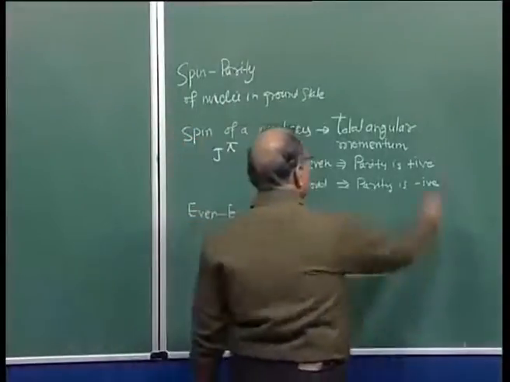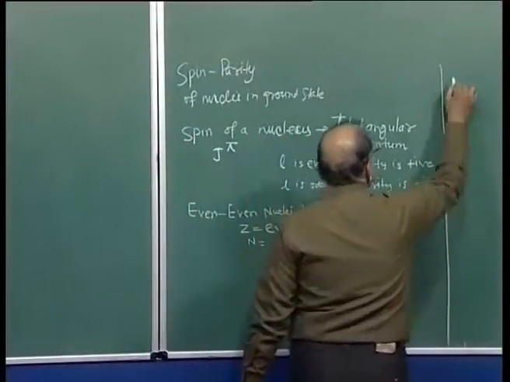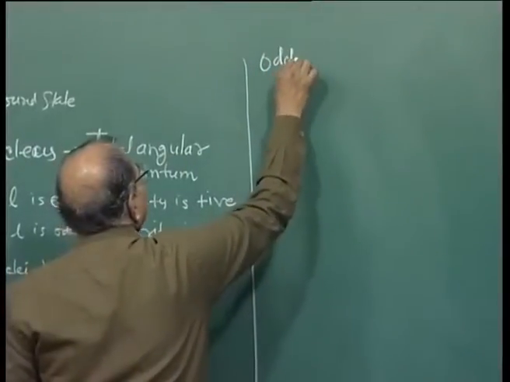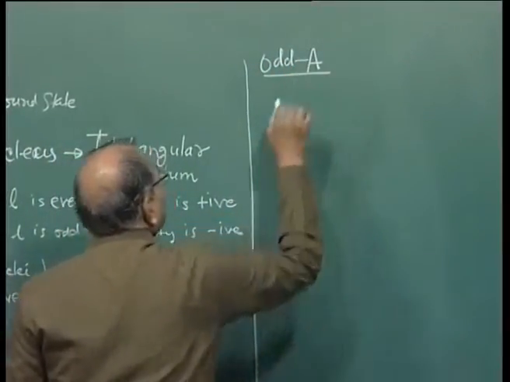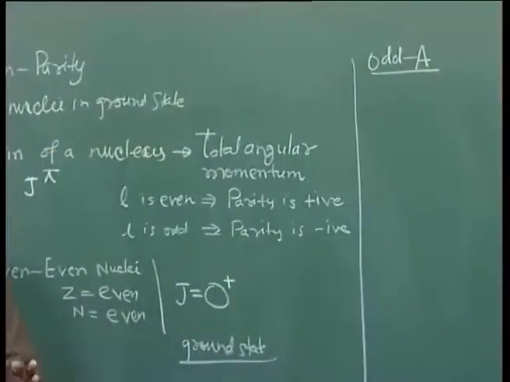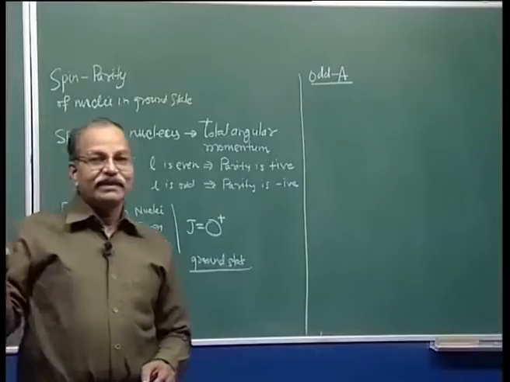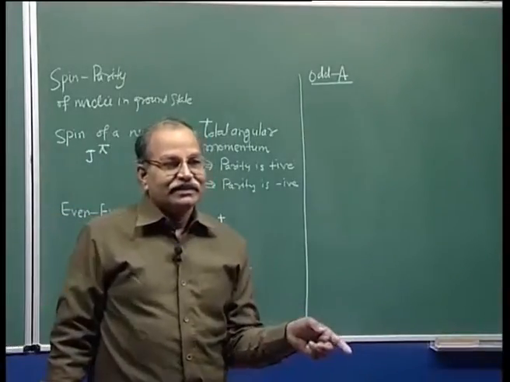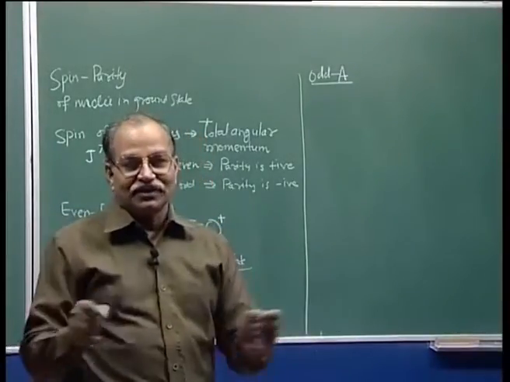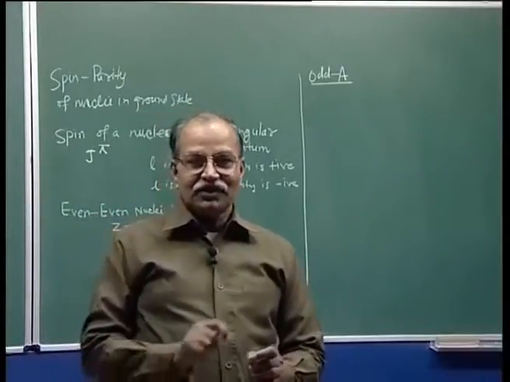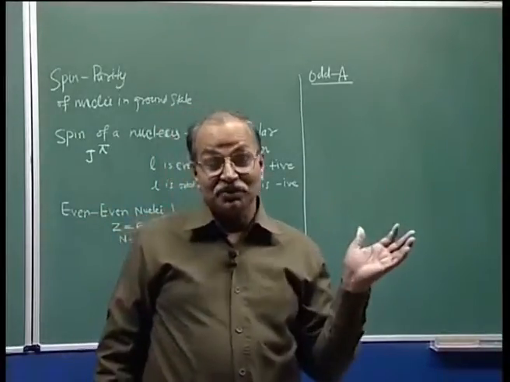Now, next we come to what we call odd A. Odd A nuclei: either Z is odd together with N even, or N is odd together with Z even. So, one is even, one is odd, so the total will be odd. And what is the third variety possible?